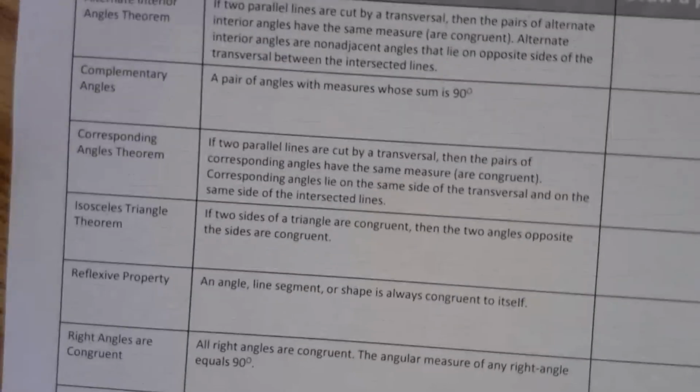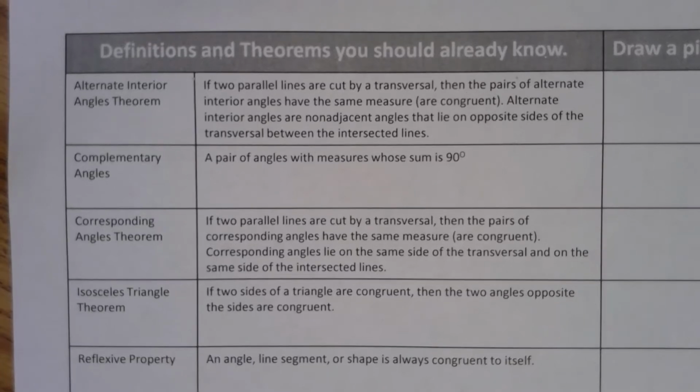Now let's look at some definitions and theorems that you should know from previous classes that may come up in our proofs of similarities. So the first one we're going to look at is alternate interior angles.